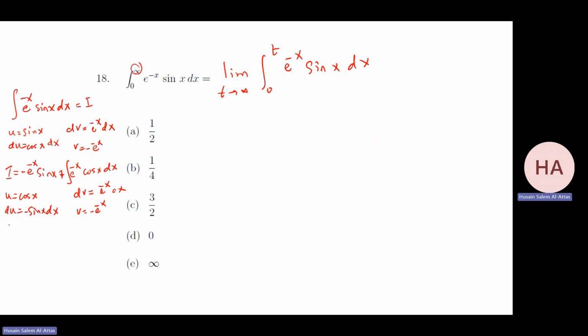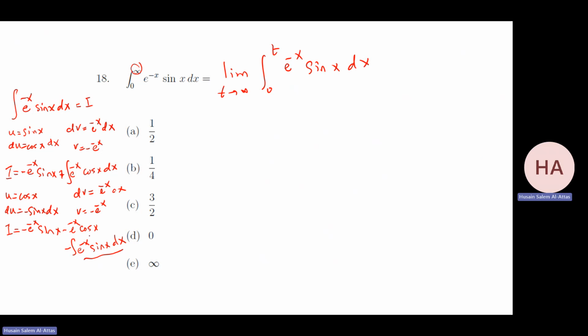So I will have minus e to the minus x sine x, minus e to the minus x cosine x, plus, that will be minus e to the minus x sine x dx, which is I.